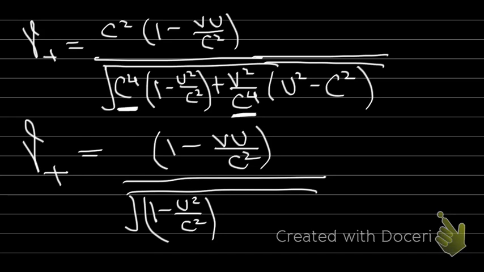Because we factored the c power 4 outside, we would not have that, and we would have inside over here 1 minus v squared over c squared, right? Okay, so now we can write our gamma plus in terms of the Lorentz factor gamma, because we have that down here.